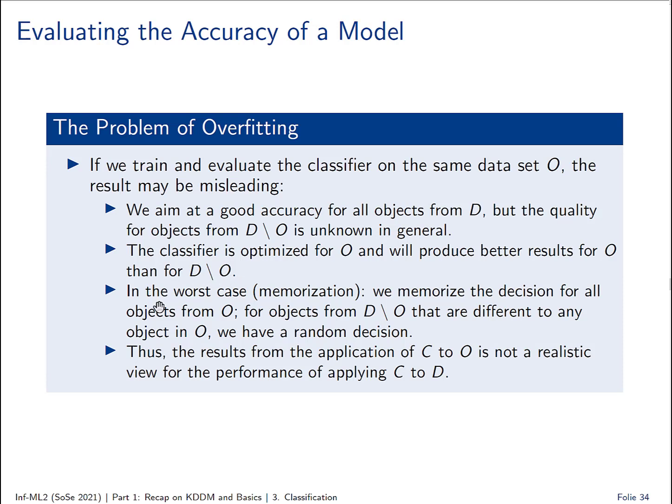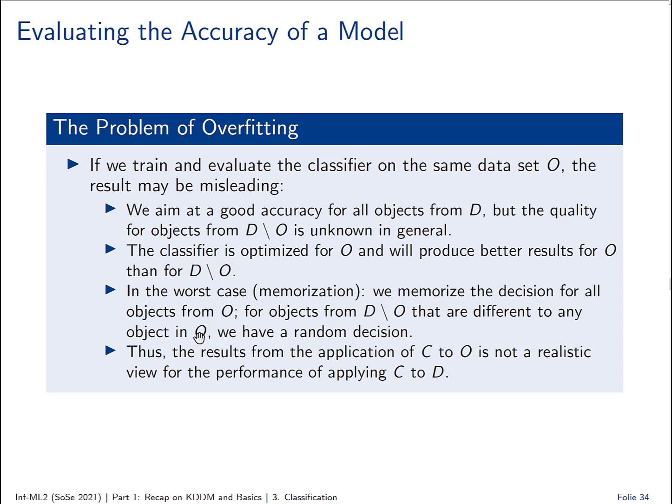And in the worst case, which is memorization, auswendig lernen in German, we just memorize the decision for all objects from O, and then for all objects not seen so far, which are different to any objects of O, we have just a random decision, because we don't know how to decide, since we just memorized the observations that we had for training.